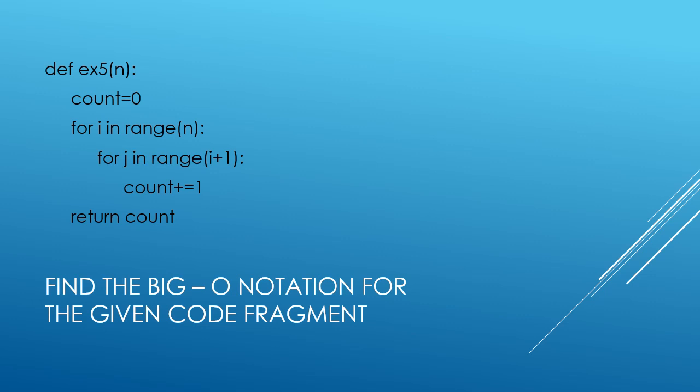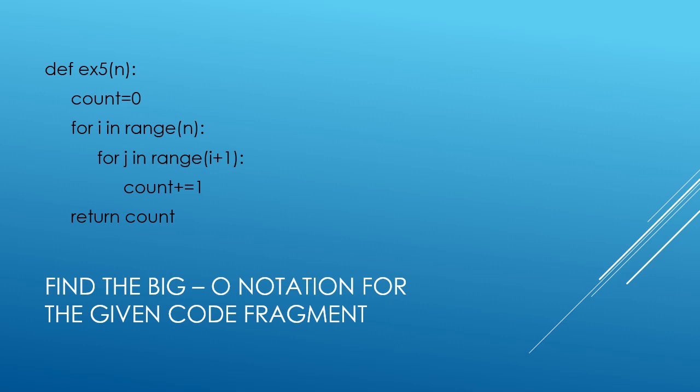x5. Count is 0, for i in range n, for j in range i plus 1, count plus equals 1, return count. I ignore the O(1) lines like count equals 0 and return count. Count plus equals 1 is the body of both fors.